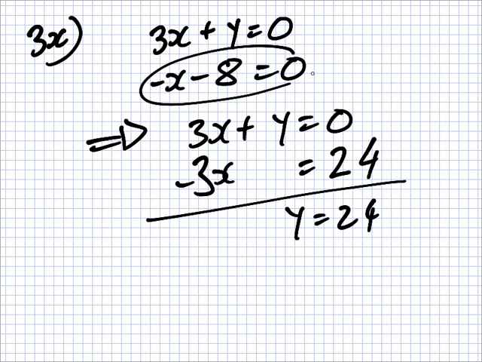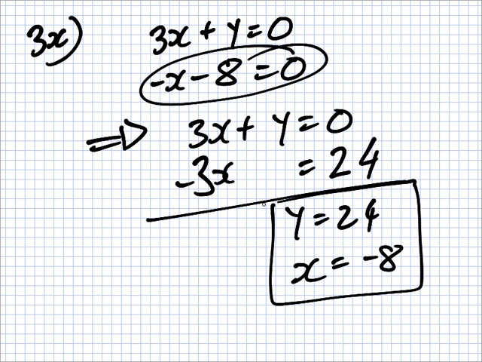Then I can sub in the y, but it's actually not necessary. I can see the x is minus 8. So that's my answer. I did it right, good. It's so easy to mistake it and do it as a substitution. Yeah, exactly. But it's easy.